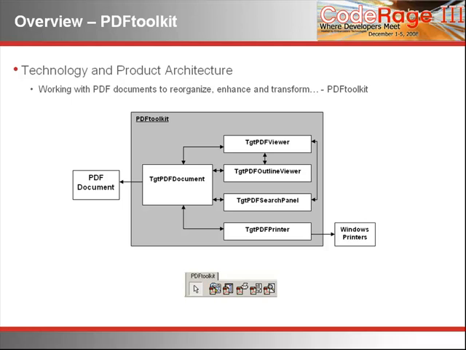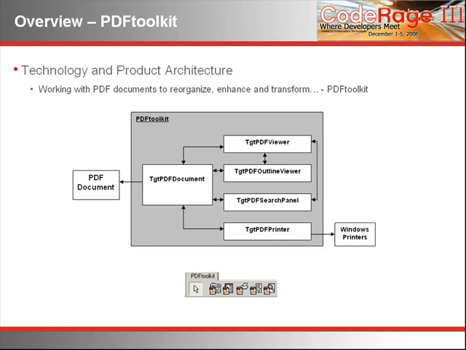And here's what PDF Toolkit consists of. A main document component that reads and writes into PDF files and performs all the operations that we need to perform on the PDF. The other components use the API provided by the document component to deliver on their objectives.